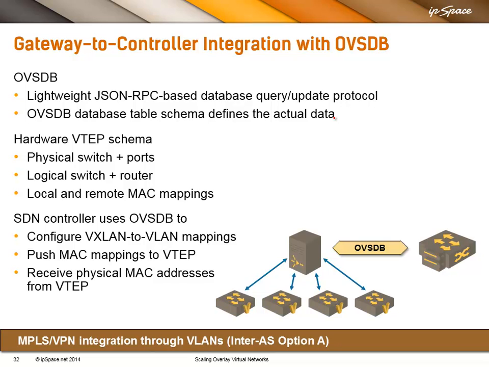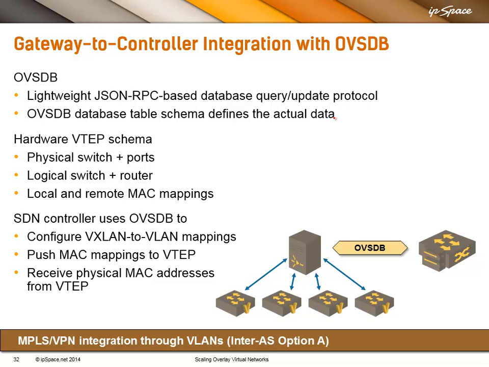And there's another table that describes the MAC reachability information, another table that describes IP subnets per tenant, and another table that describes VLAN to VXLAN segment ID mappings, and so on and so on. OVSDB is just a protocol that allows the controller to manipulate those tables on the physical gateway.